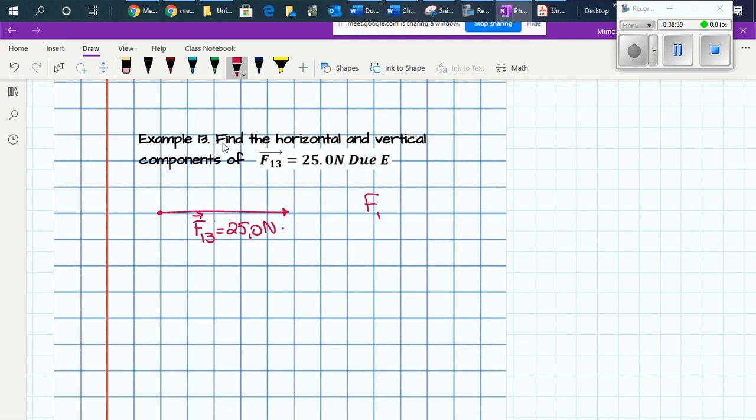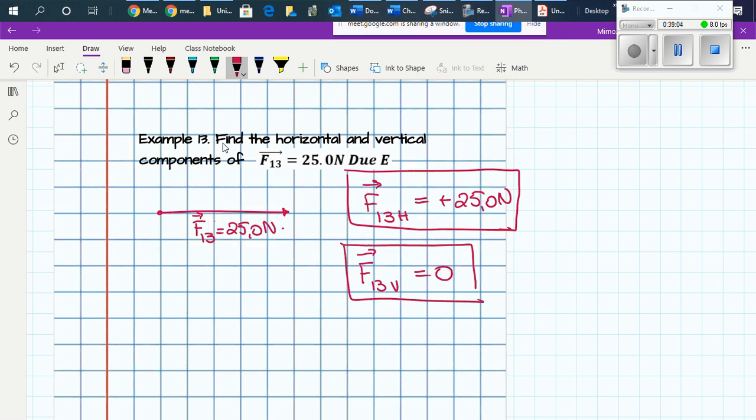So the horizontal component of this vector will be positive 25 because it is going in the east direction, and the magnitude, or what is leaving the mark in the east, is the same as the magnitude of it. And F13 vertical will be equal to 0.